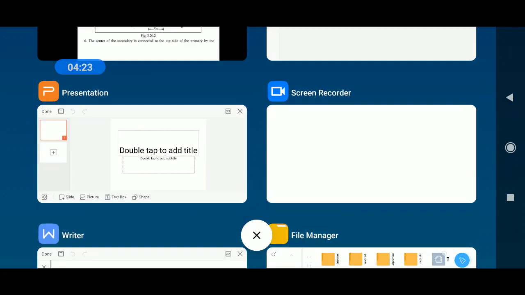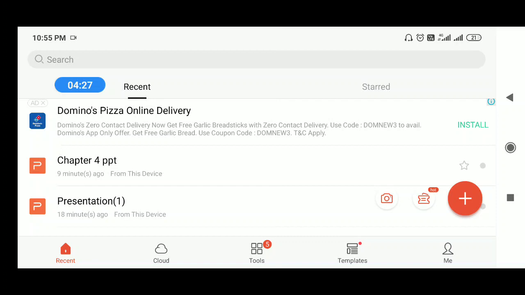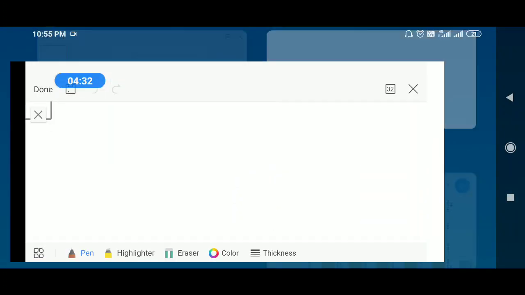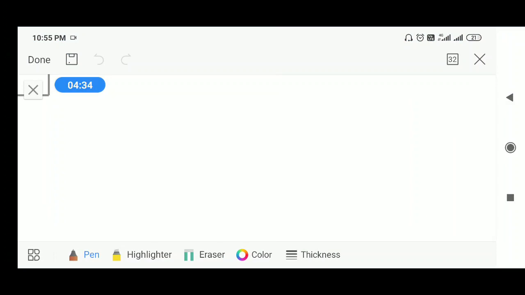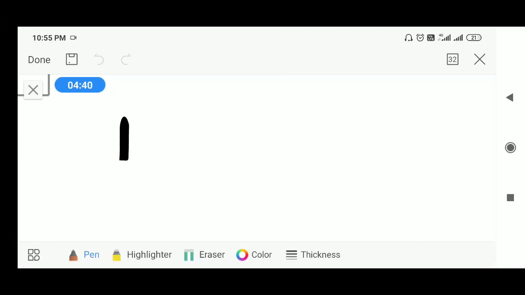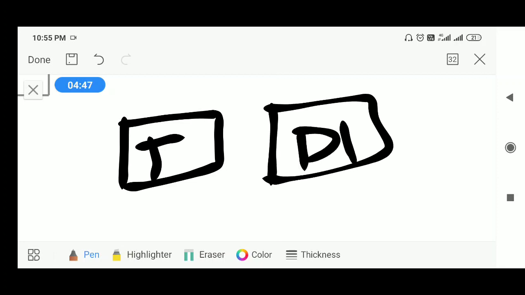Foster-Seeley discriminator. So in case of Foster-Seeley discriminator, it consists of two sections. One is transformer section, second one is diode detector section, right?